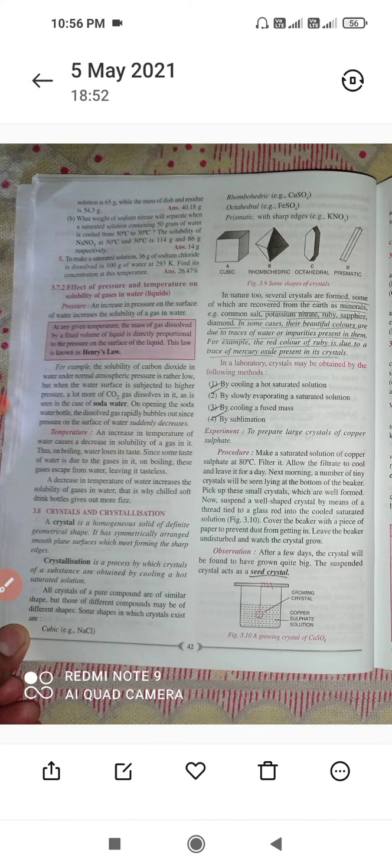And if there is a solution, how much percentage of solute is dissolved, that is weight by weight percentage or volume by volume percentage. All concentration terms I have explained, and similarly all other things related to the concentration terms I have already explained.